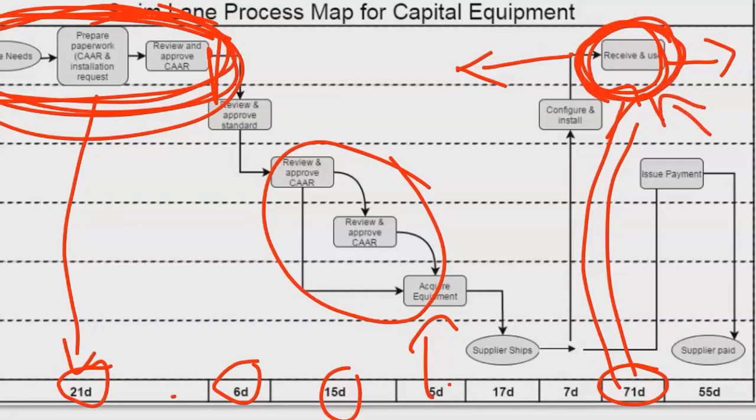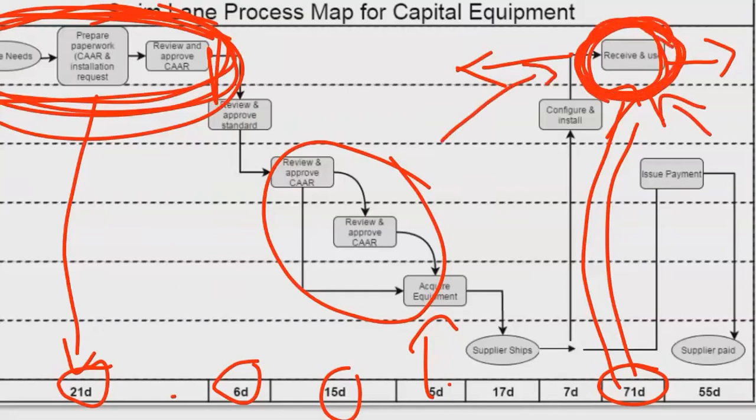This one box is drawn only as one box because we don't have enough knowledge to know that the 71 days isn't one box, it's really 12 or 13 different steps that are going on. This is a red flag to me that we need to go out and observe and understand better what's going on there.